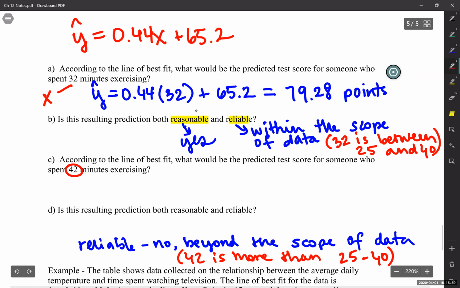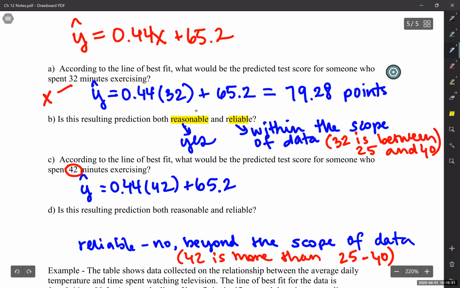Now we can still calculate it. I can plug it in and say y hat equals 0.44 times 42 plus 65.2, and put that in my calculator, and that equals 83.68 points.